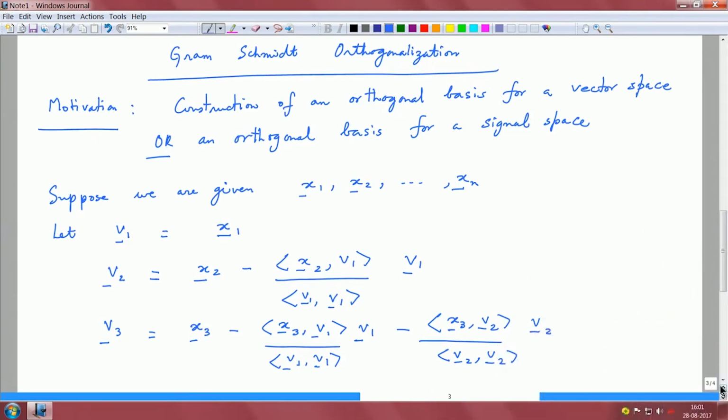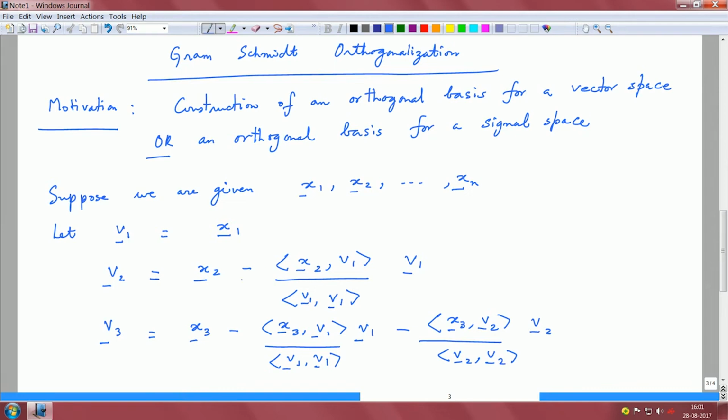I mean, even if you just routinely work through the algebra, take the inner product of V2 with V1. So, you have x2 with V1 minus this thing, and then V2 with V1, which you want to be 0, so it is going to vanish there.